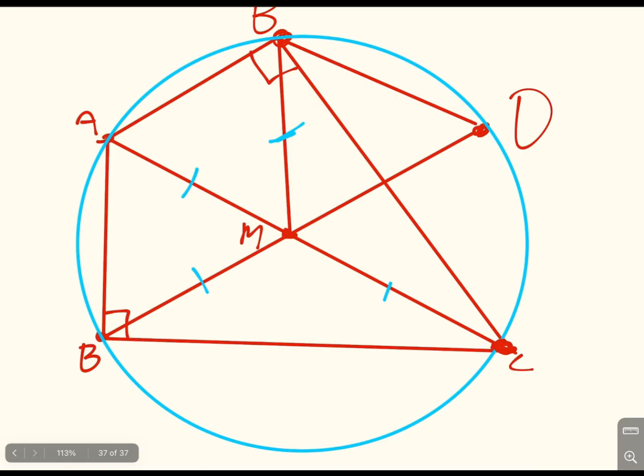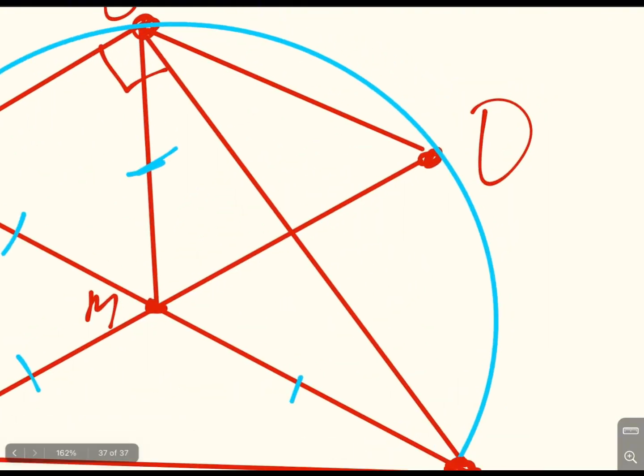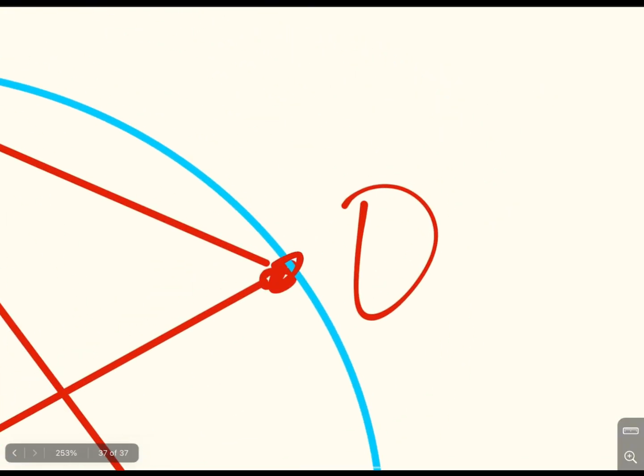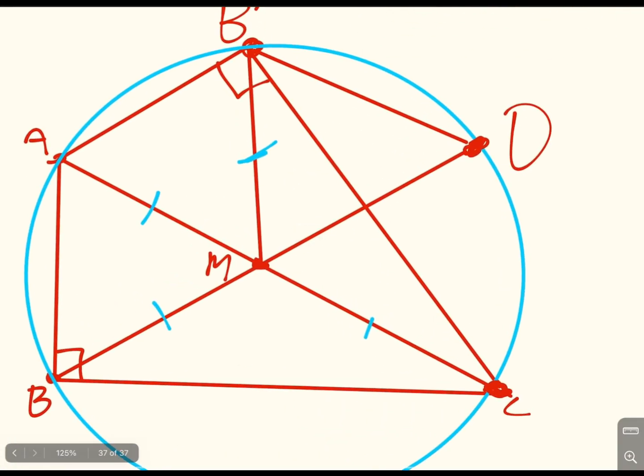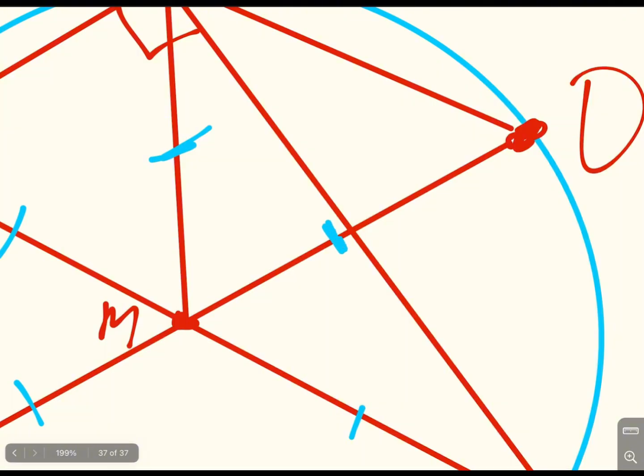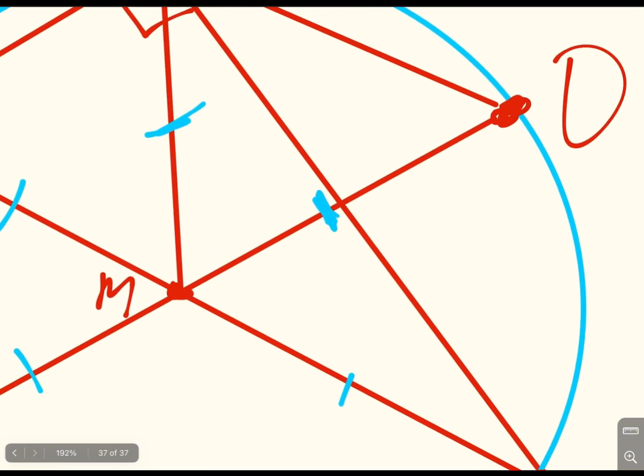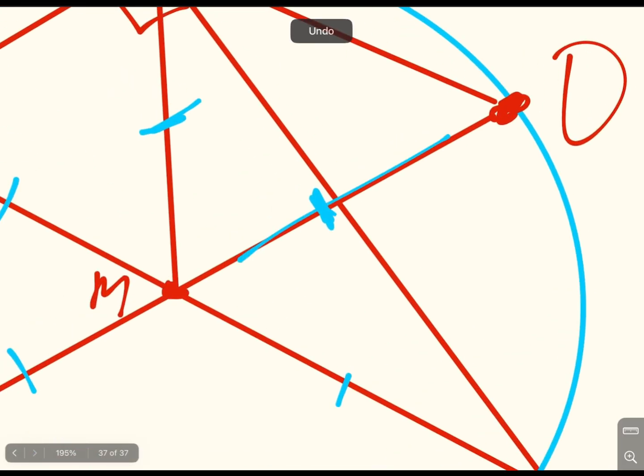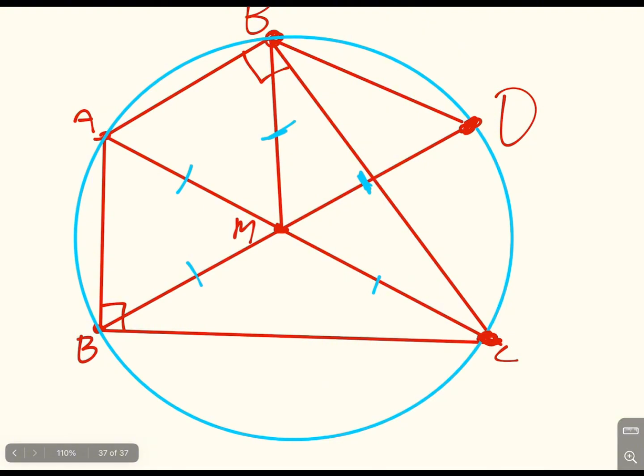So this implies that D must be diametrically opposite to B, since BD is equal to the diameter of the circle and it passes through the center. So now we know that D also lies on the circumcircle. We can show that it's the entire line, not just this part, but the whole segment. Just keep that in mind. And so now we have that.